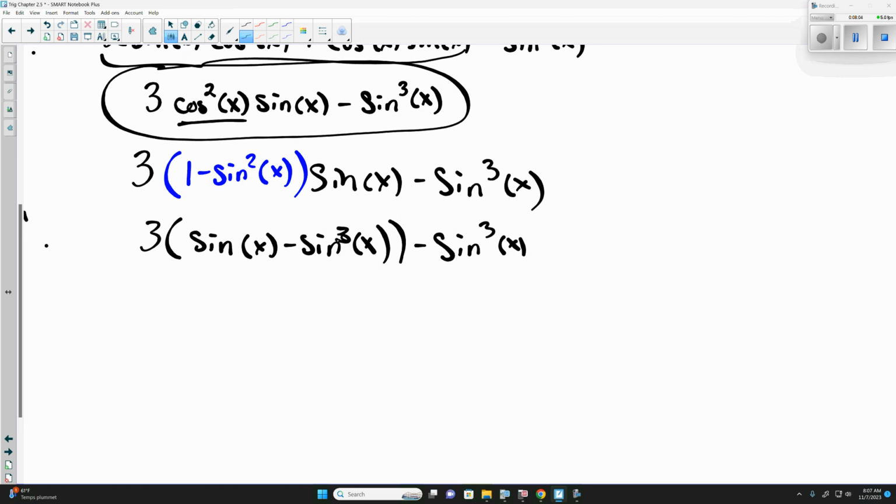We distribute the 3, telling us that we have 3 sine of x minus 3 sine cubed of x minus sine cubed of x.